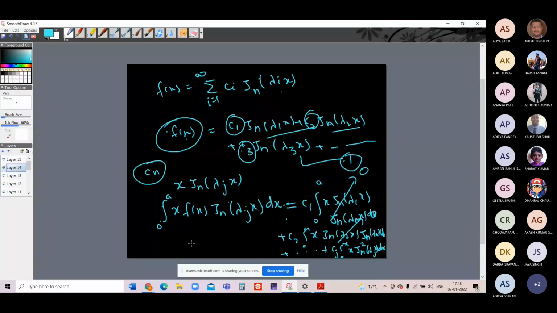When i is not equal to j, all the integrals will be 0 due to the orthogonal property.